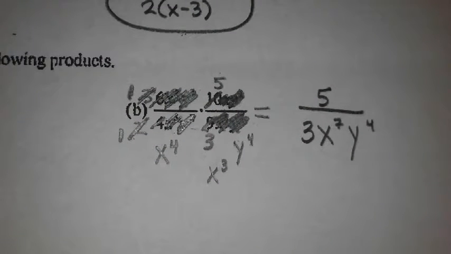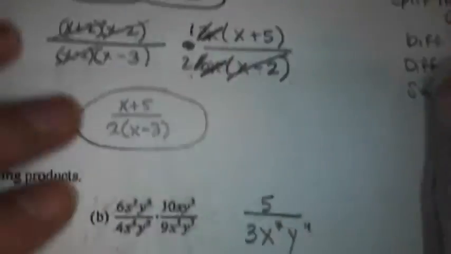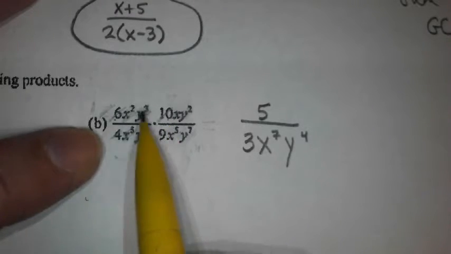Because he had an x to the 4th times an x to the 3rd, there's a bit of exponent rules going on here. Okay? Now, I don't want you to do this, but I want you to watch, because I'm going to readdress this problem. I don't think I would ever multiply the numbers first.